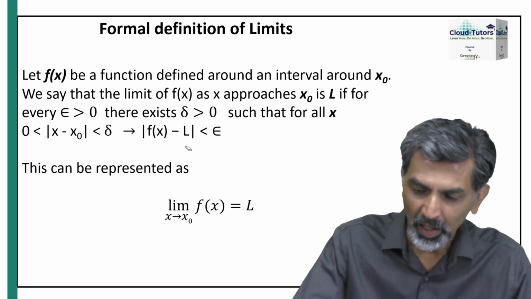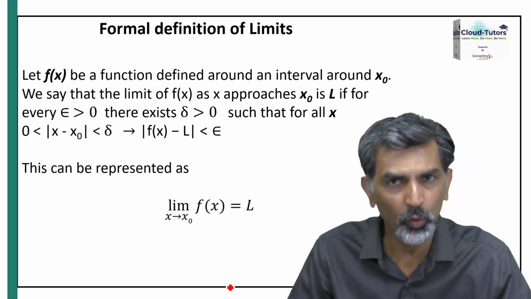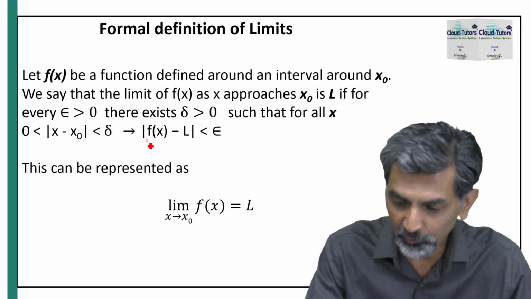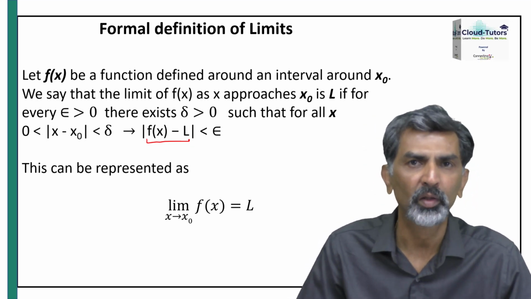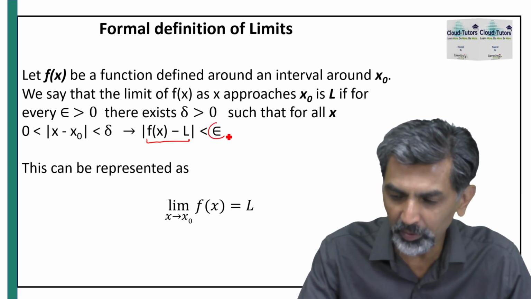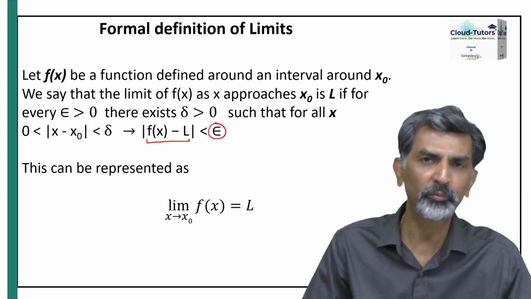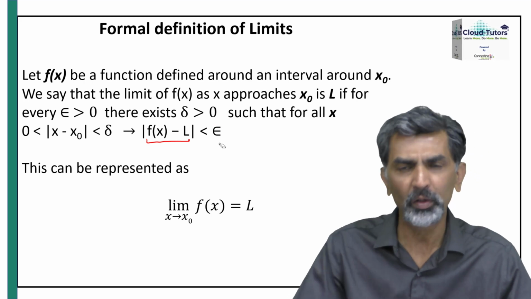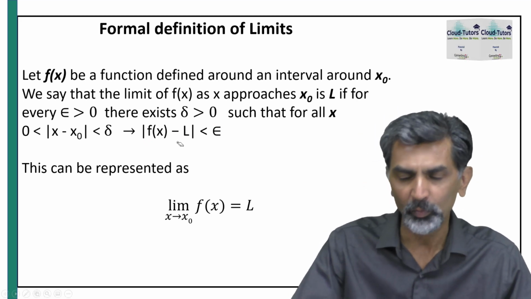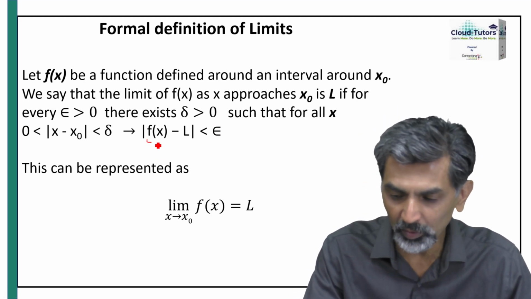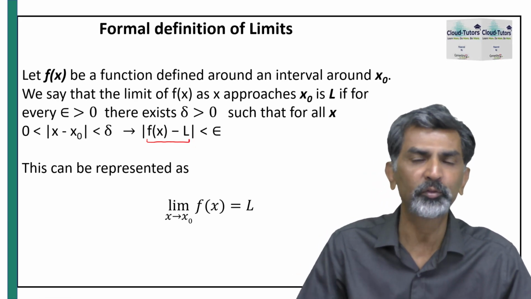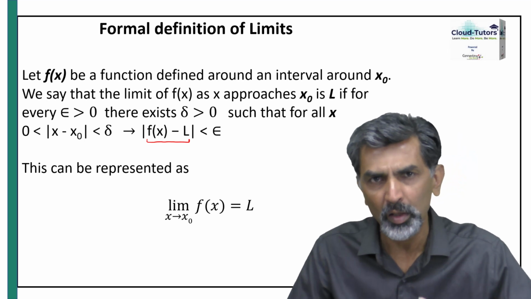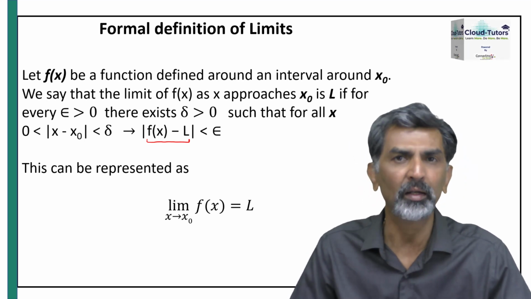Well, I want to take f of x so close to L that the difference between these two becomes very, very small. It is smaller than an arbitrary positive value called epsilon. If epsilon is a very small positive value, then I want the difference between the function and L to be smaller than epsilon, which means that f of x has gone very close to L.